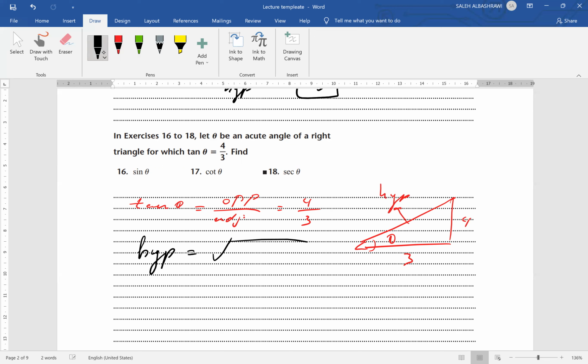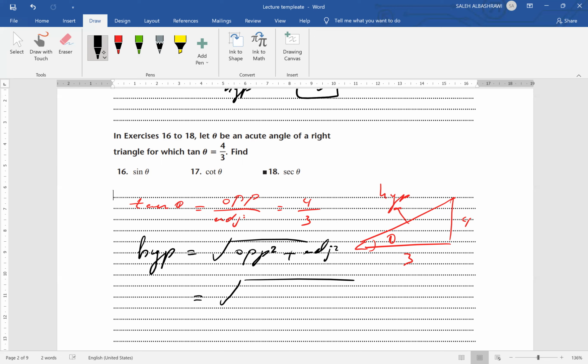The hypotenuse is equal to the square root of the opposite squared plus the adjacent squared. In the Pythagorean theorem, if the missing side is the hypotenuse, then we add the adjacent squared plus the opposite squared. If the missing side is one of the other sides, the opposite or the adjacent, then it is the hypotenuse squared minus.